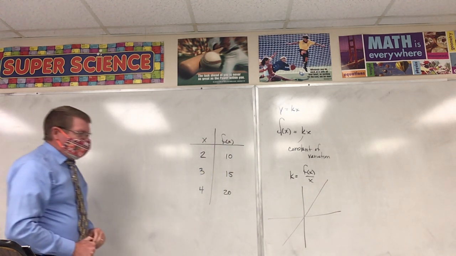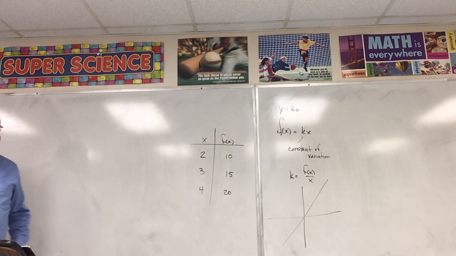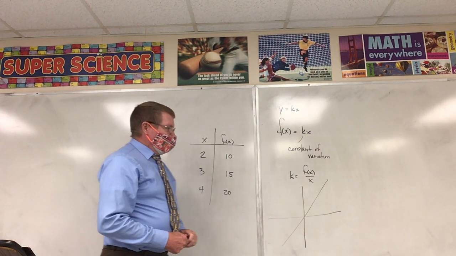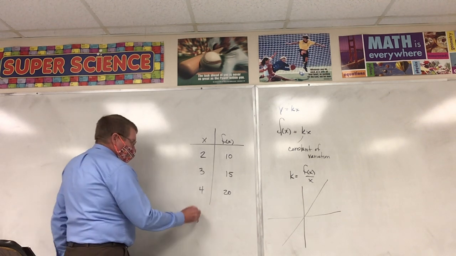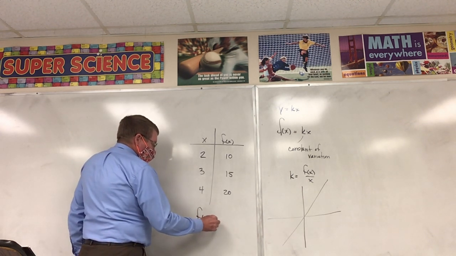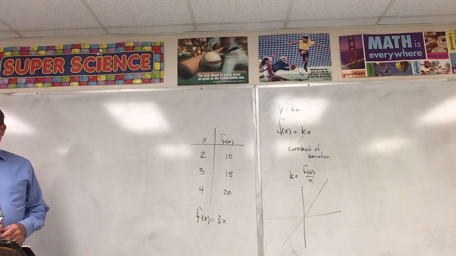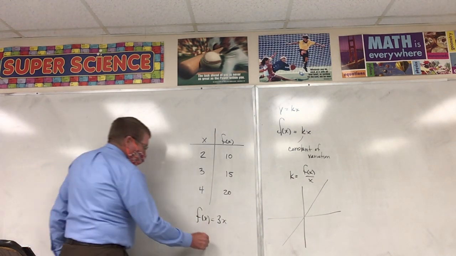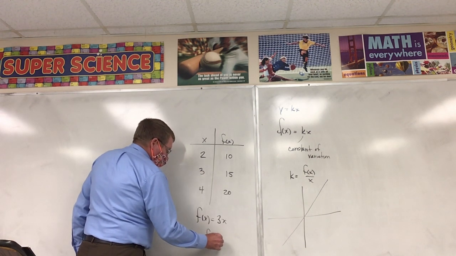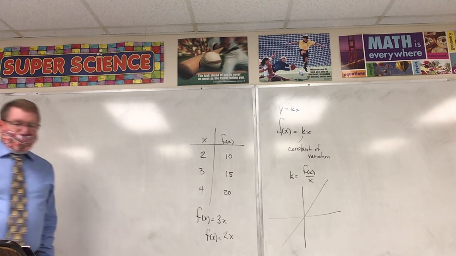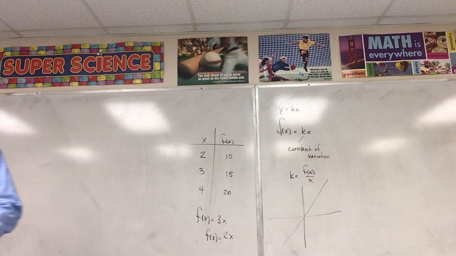So again, my direct variation function will look like it's always a straight line that goes through my origin. Always a straight line that goes through my origin. It will always look like f of x equals kx. So if I have f of x equals 3x, that is a direct variation function. If I have f of x equals 2x, that is a direct variation function.